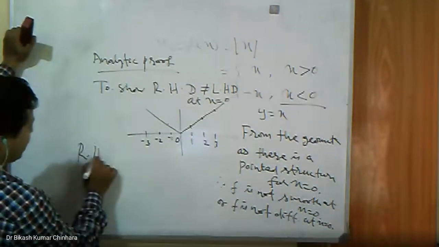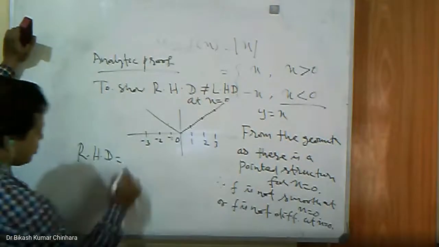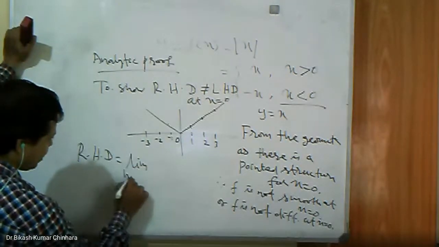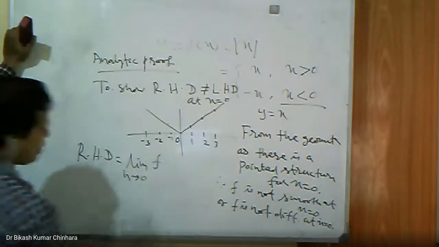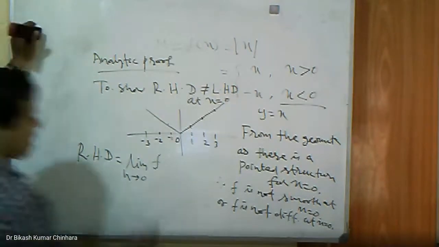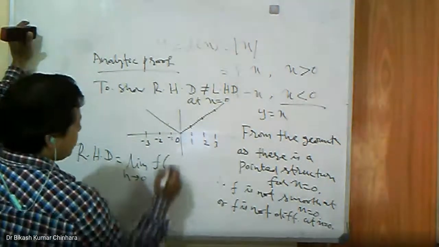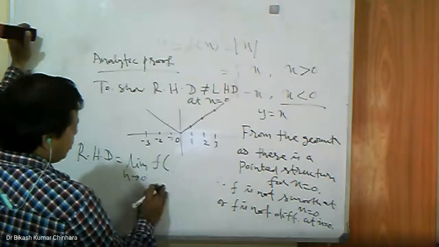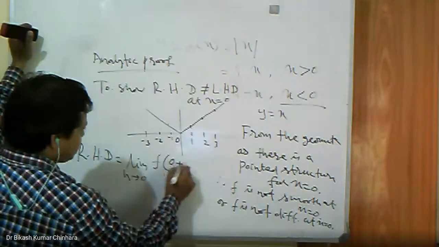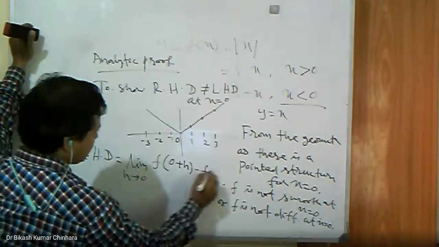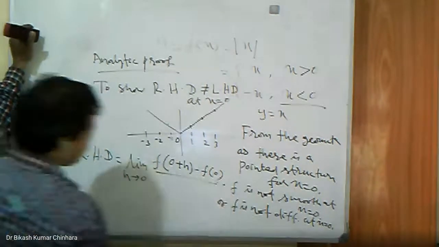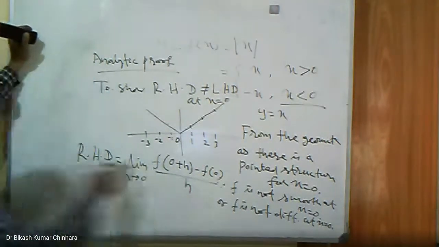So RHD is equal to limit h tends to 0 of f of a plus h minus f of a divided by h. Here a is equal to 0, so f of 0 plus h minus f of 0 divided by h. You evaluate this limit.